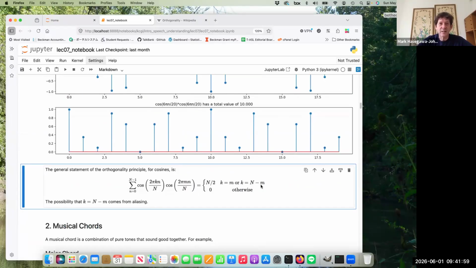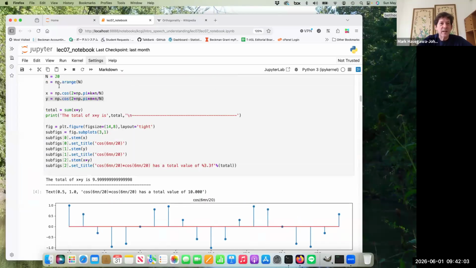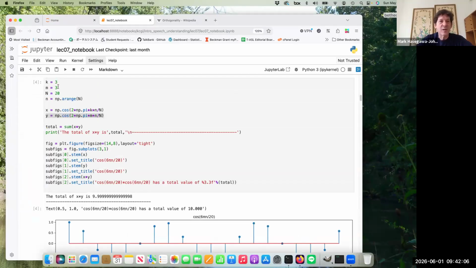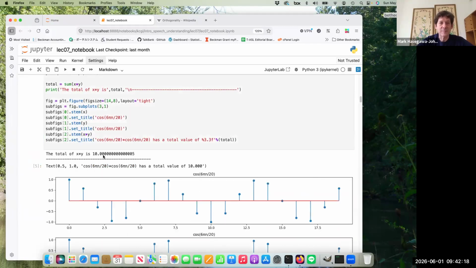That's just like the aliasing that we heard last time. Let me, instead of setting m equals 3, set m equals 17. I've got a total of 20 samples. So if I take 17 periods in 20 samples, it will look exactly the same as if it was 3 periods.